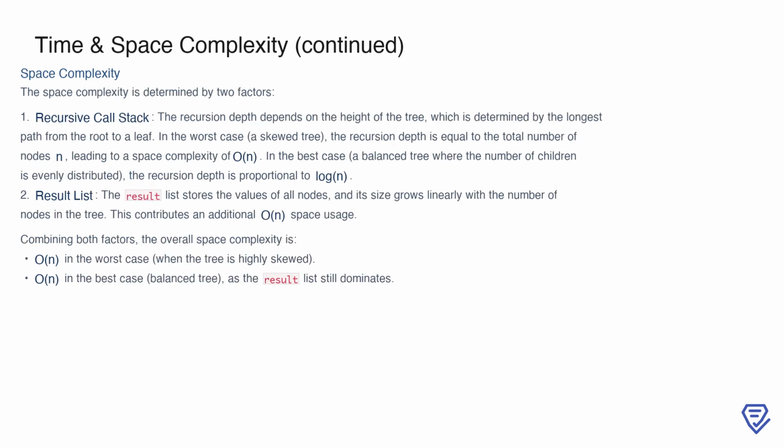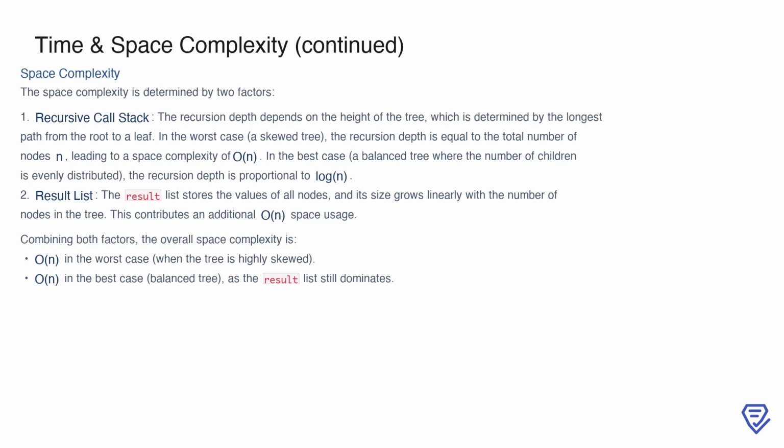The space complexity of the algorithm is influenced by two main factors. First, the recursive call stack, which depends on the depth of the recursion. This depth corresponds to the height of the tree, which varies based on the tree's structure. In the worst-case scenario, such as a completely skewed tree, the recursion depth can reach n, where n is the total number of nodes, leading to a space complexity of O(n).